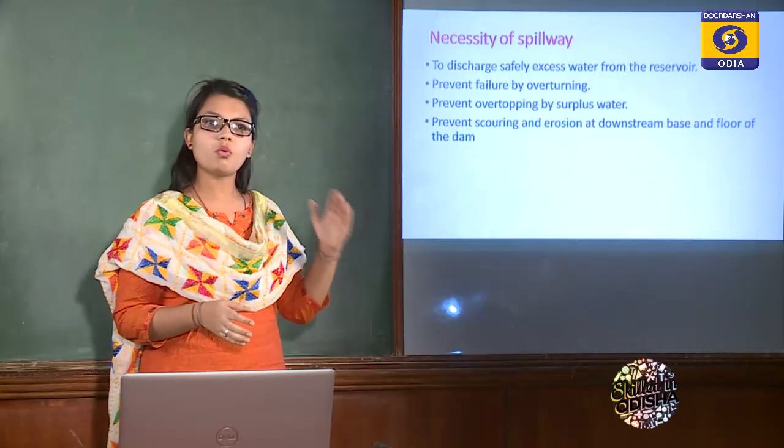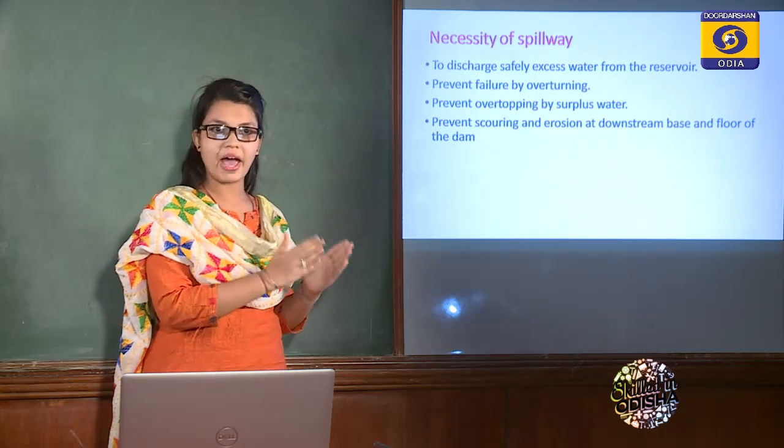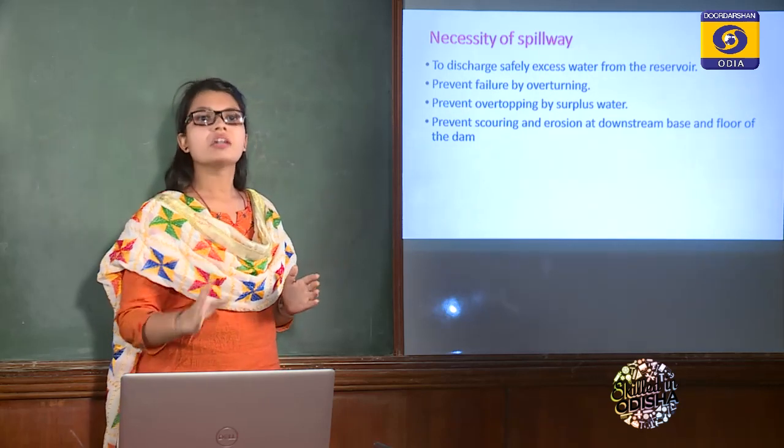So additional horizontal force will be exerted on the dam, and I've already taught in my last class that the horizontal force is the disturbing force that can cause the overturning of the dam about the toe. So it can cause failure of the dam due to overturning also. So to prevent that, whenever the water rises above the normal pool level, it is let to be discharged back to the river, that is back to the downstream side.